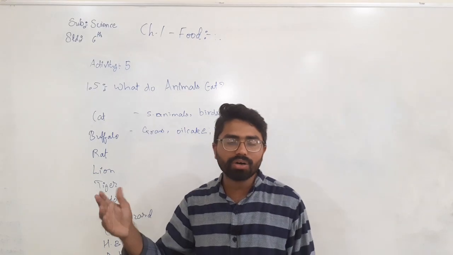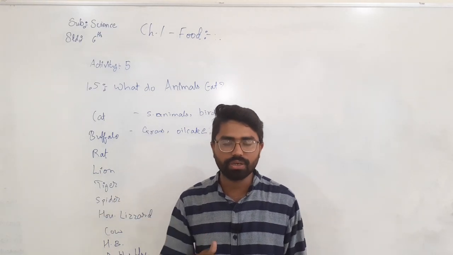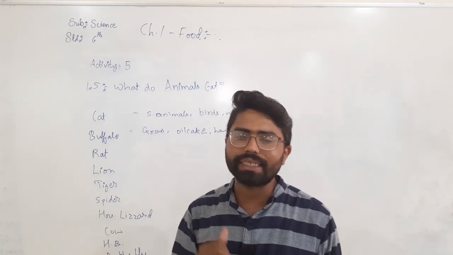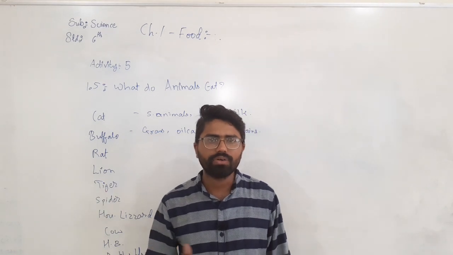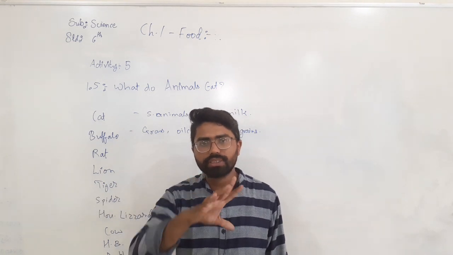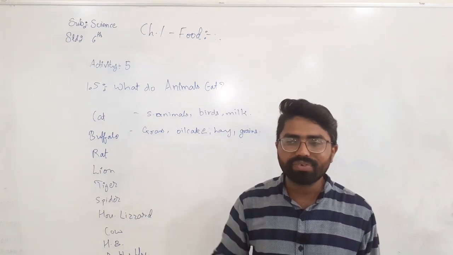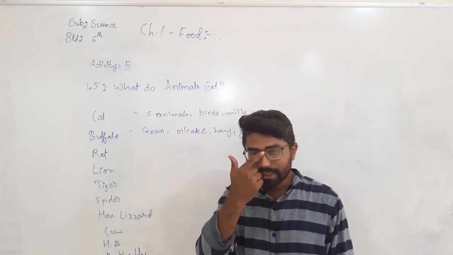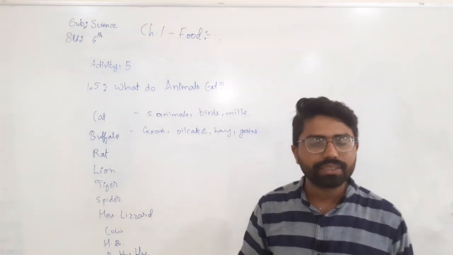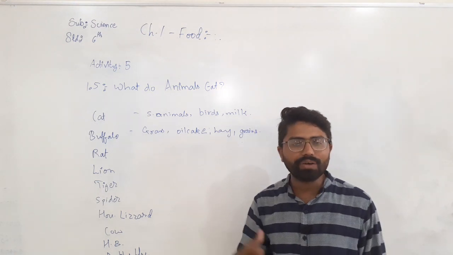If we talk about carnivorous, omnivorous and herbivorous, carnivorous animals always eat meat and flesh, small animals and all these things. So animals in the group of carnivores eat these things. We can say that lion and tiger both have the same diet.